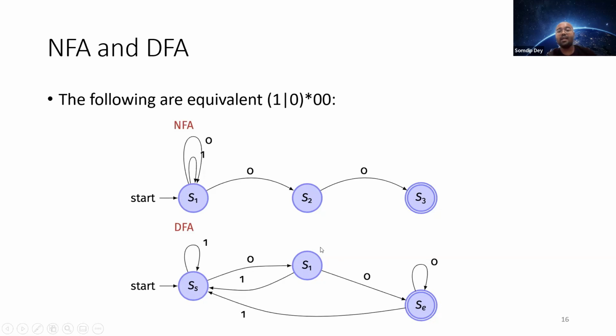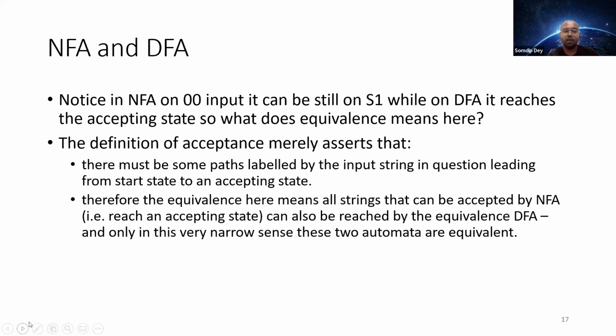But when we say equivalent, that the input string can be equivalent for both NFA and DFA, there must be some path labeled by the input string in question leading from the start state to the accepting state.